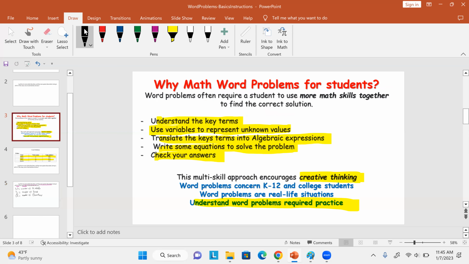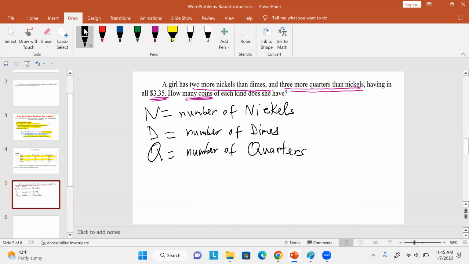Now, we go again to the scales. Translate the key terms into algebraic expression. When they say a girl has 2 more nickels than dimes, the number of nickels is more than the number of dimes.